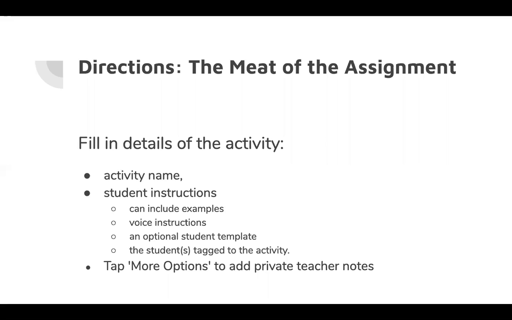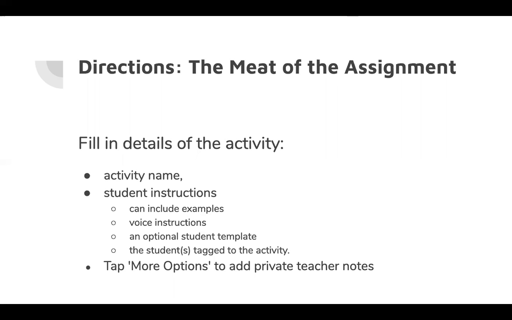And remember that you can tag only specific students for activities. So if you have a child that needs a little bit more support, or maybe half the class is a little further than the other half of the class in a subject, or you've got one of those high flying kids that, even in a normal classroom, you would have pulled aside to give a little bit more meat to their assignment, you are able to create activities and only send them out to specific students.